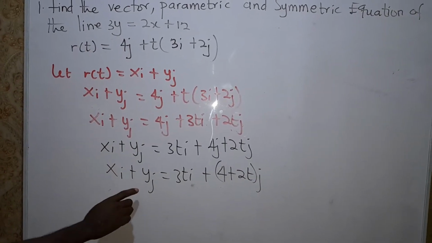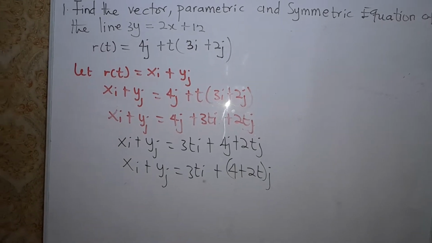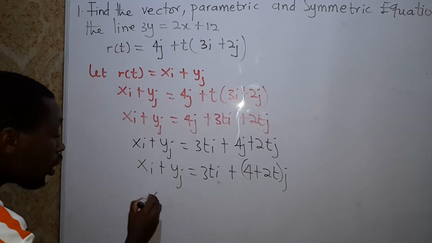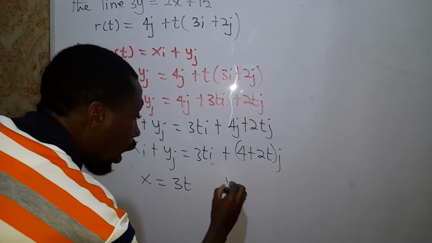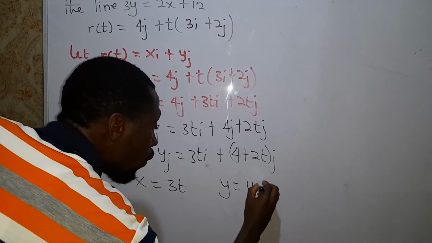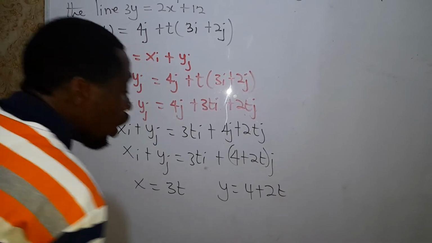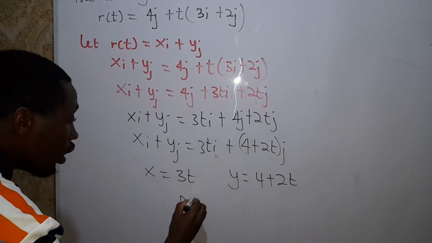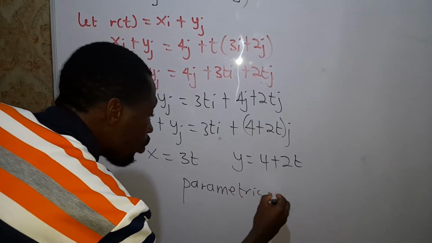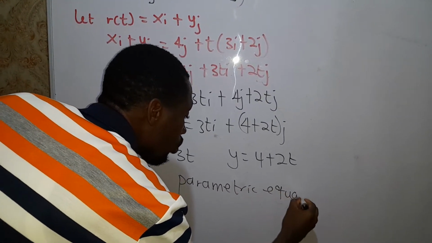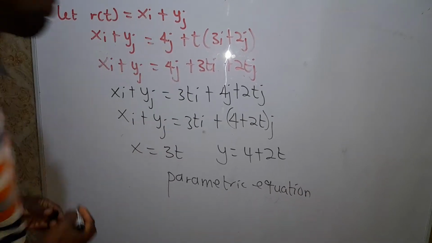So we compare those carrying the i, and we can equate it. So we say x will be equal to 3t and y will be equal to 4 plus 2t. Then we say this is the parametric equation of the line. I hope you get that.